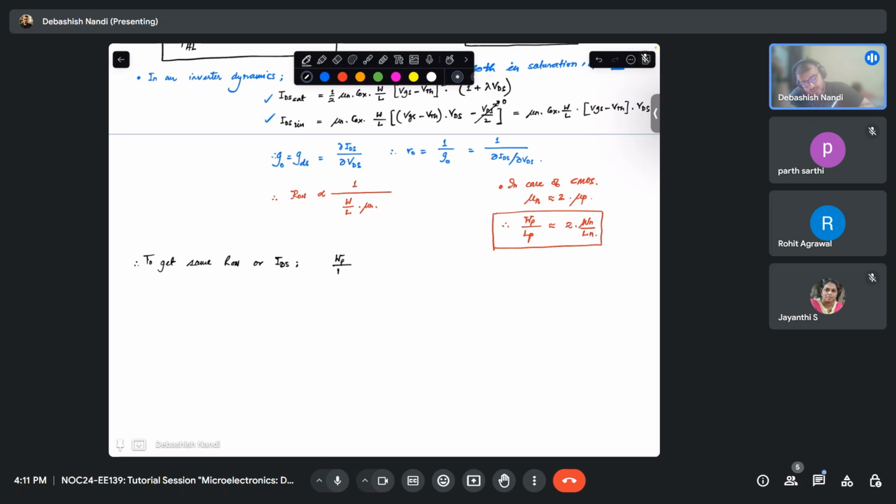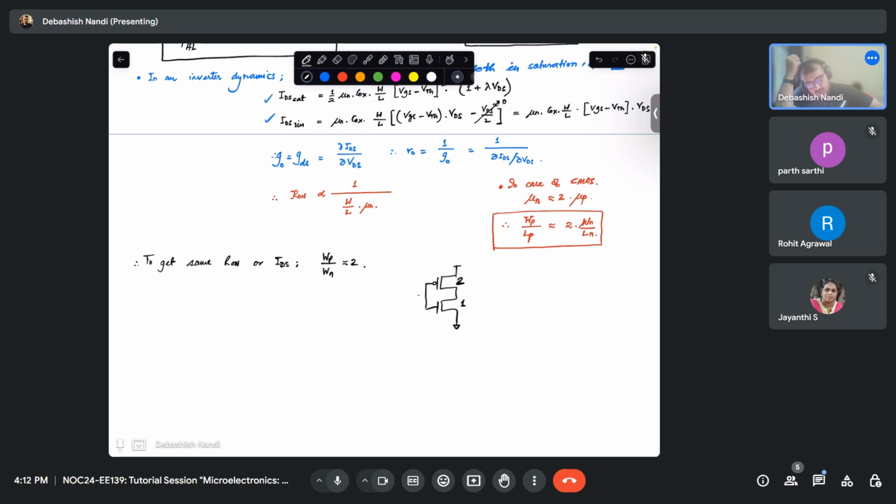That means WP by L, or in other sense WP by WN, you make twice. That means if W by L is 1 in this case, it will be 2 in this case.